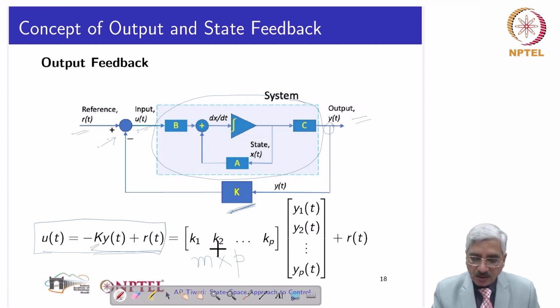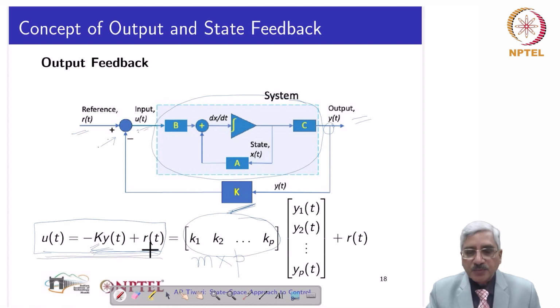U2 will be K21 Y1 plus K22 Y2 and so on up to K2p Yp. So this is an m by p matrix, and as I told, this is the control law with the output feedback. So this is the structure of the output feedback system.